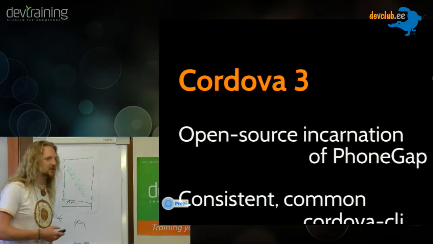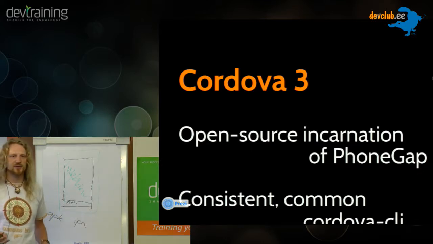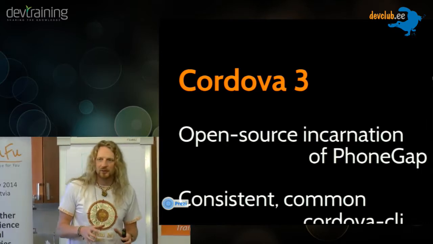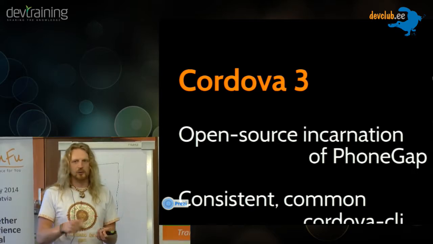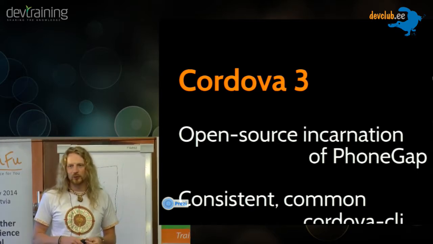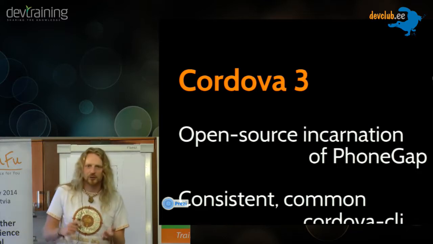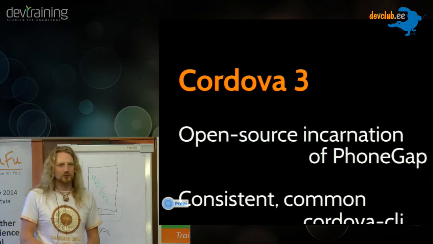But what the guys at Adobe actually offer is the PhoneGap Build servers. This is a build server, basically. You can have your Cordova project, upload it to their server, and it will build it for all the app platforms for you. So basically, you don't need to have a Mac to develop for iPhone, you don't need to have Windows for Windows Phone and whatever.